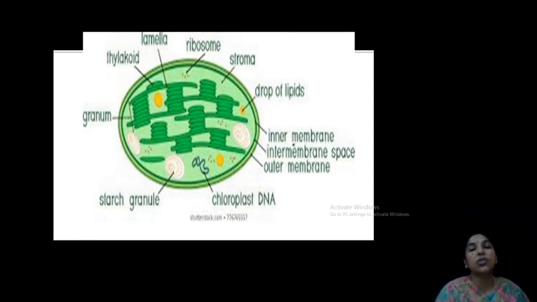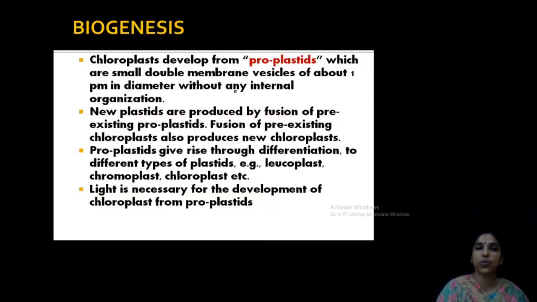See, this chloroplast, like our mitochondria, is also a semi-autonomous organelle. Why? Because it also has DNA, a circular DNA known as chloroplast DNA, and this makes it a semi-autonomous organelle. It has its own ribosomes also. Another peculiar feature of chloroplast is biogenesis, the formation of new chloroplasts from the mother chloroplast.